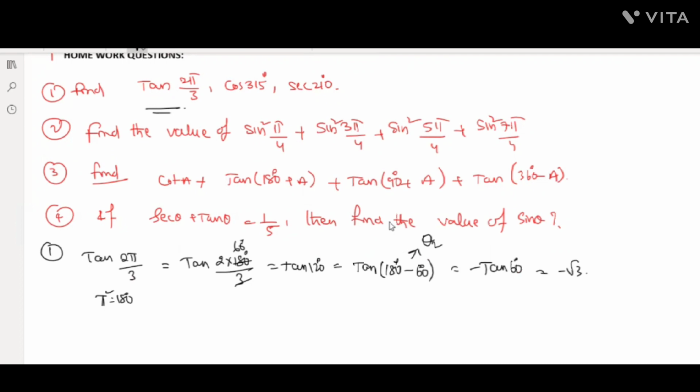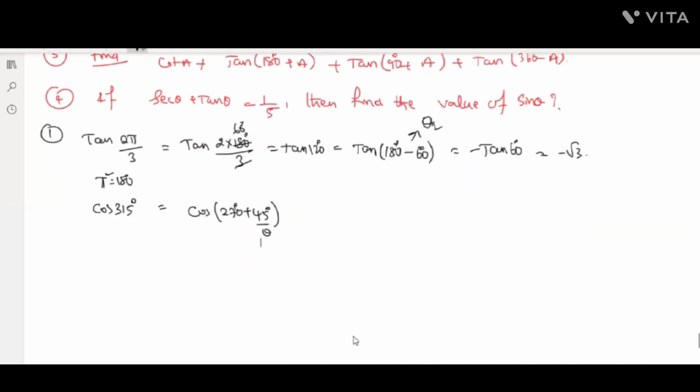Next, in the same question, find cos 315 degrees. How can we find cos 315 degrees? For a change, I will try to take it in odd angles. So cos of 270 degrees plus 45 degrees. If I assume 45 as theta, it becomes 270 plus theta, which is in the fourth quadrant.